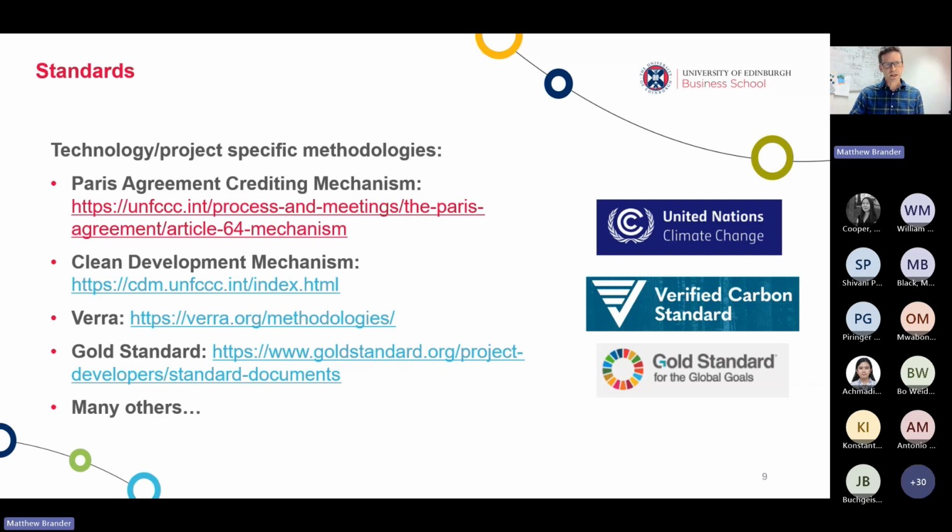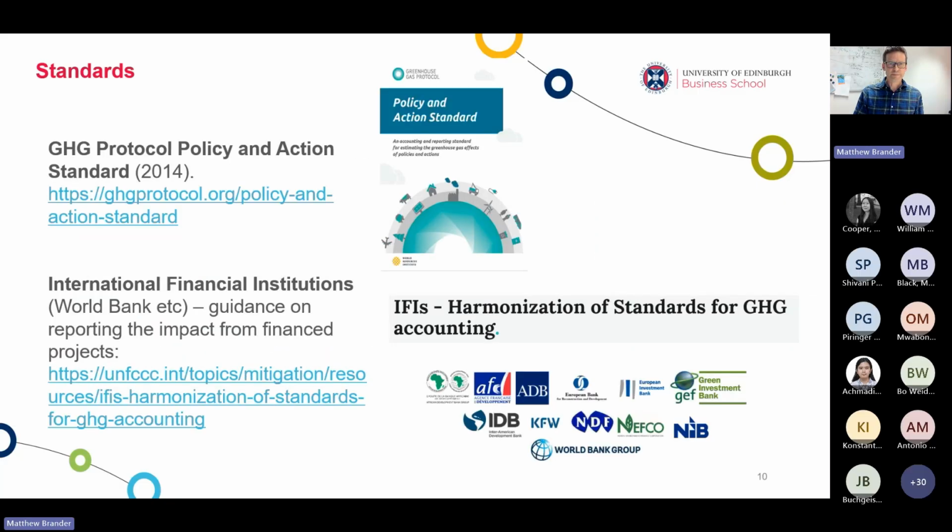Things like the Paris Agreement and the Clean Development Mechanism are very much under the compliance offset market. There's also a large number of standardized methodologies for the voluntary carbon market as well. So that's largely on the project application of this mitigation outcome assessment type method.